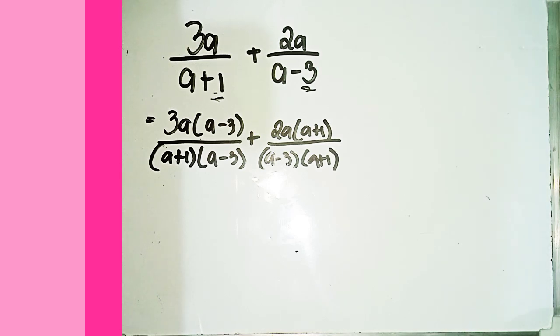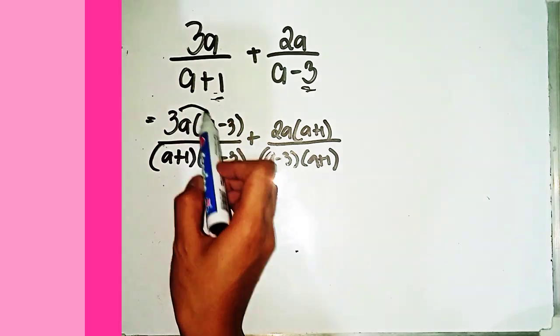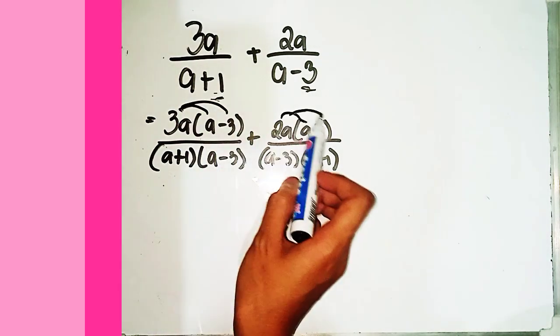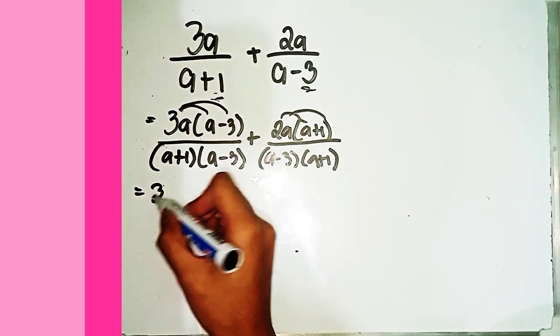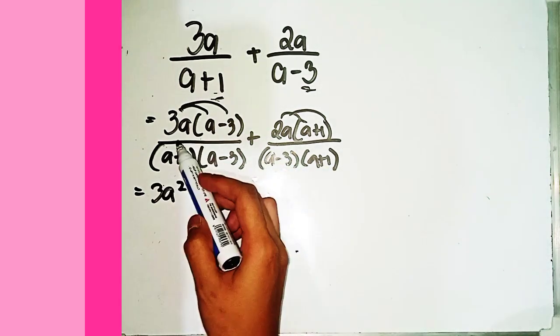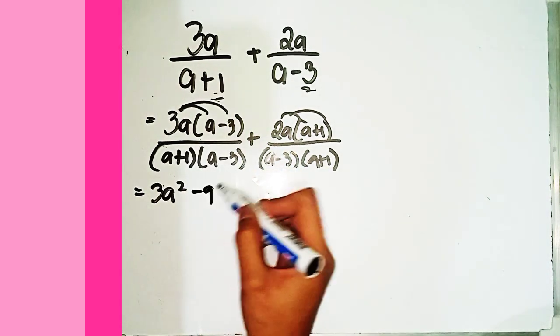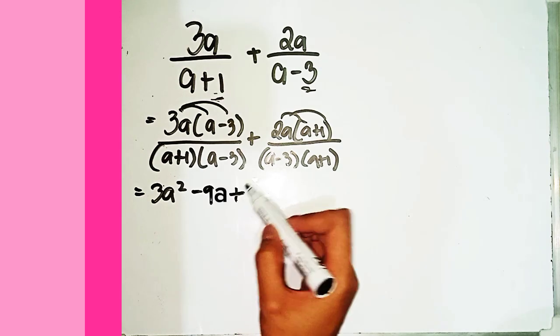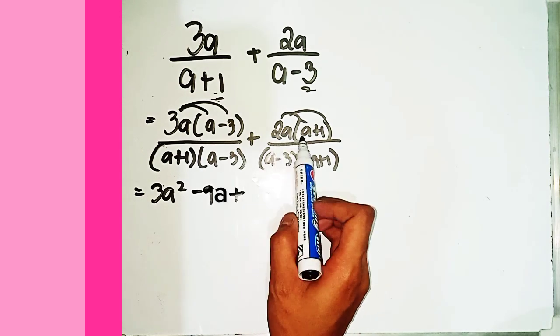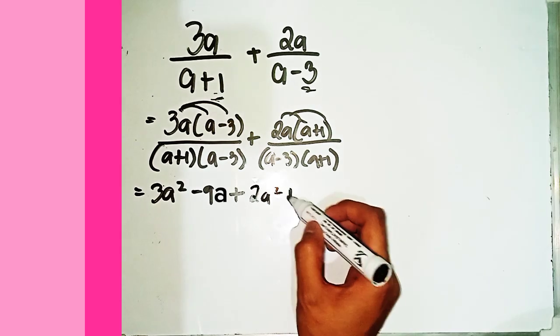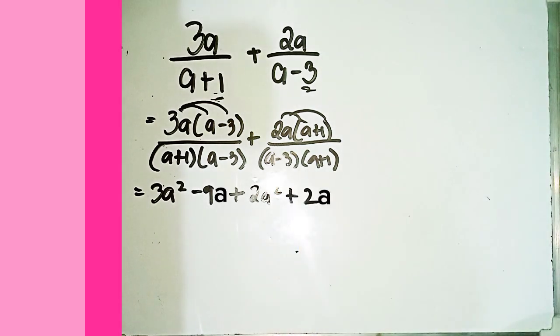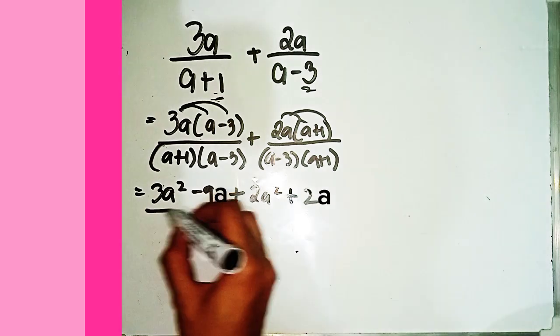We should distribute 3a to a minus 3 and 2a to a plus 1. So 3a times a, that would be 3a squared. 3a times minus 3, that would be minus 9a, plus 2a times a, that would be 2a squared, and 2a times 1, that would be 2a.